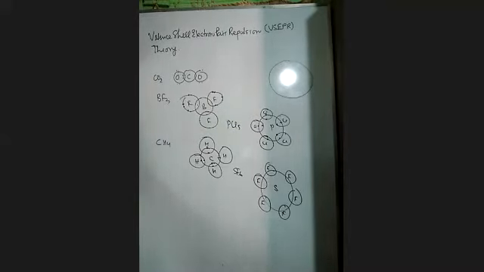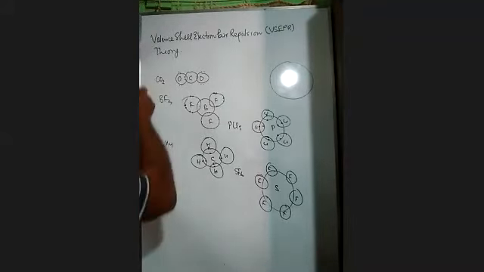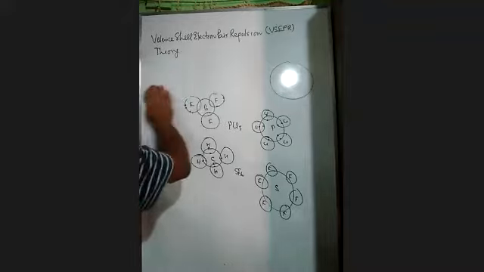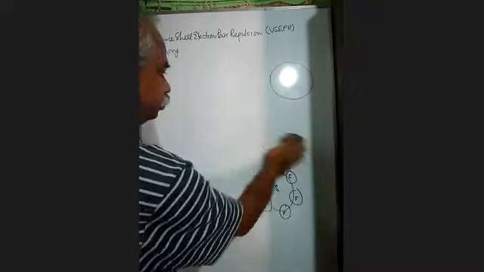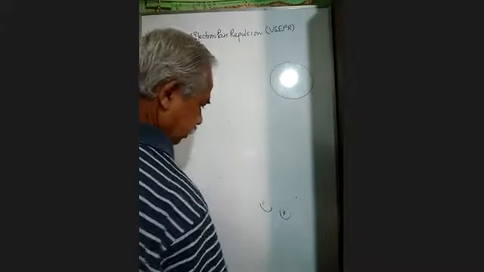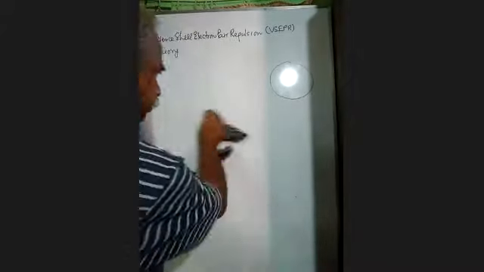The size of the orbitals containing a single electron and those containing a pair of electrons are different. On the basis of that, structural elucidation of different chemical molecules is done on the basis of this theory. See here.